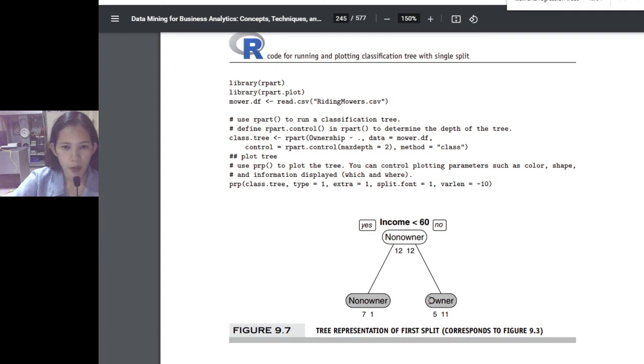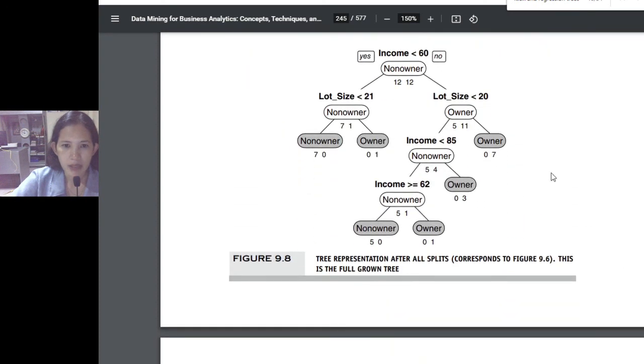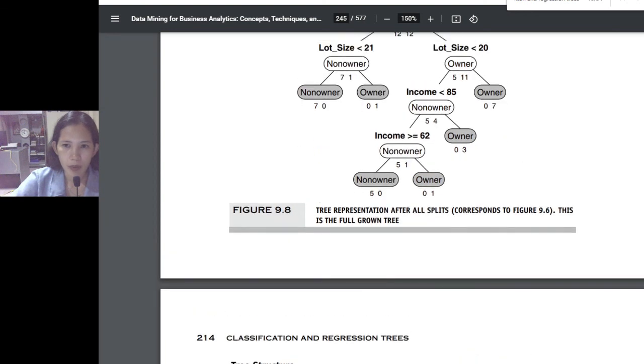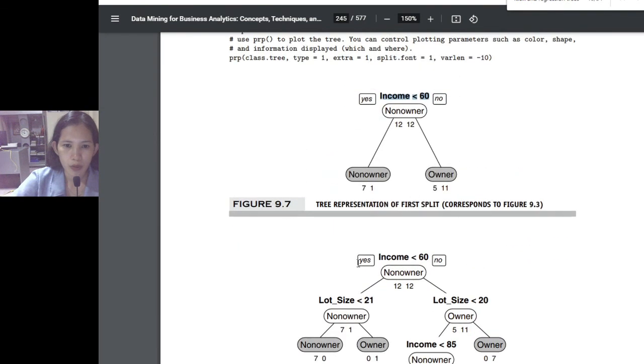This is to show only one node, the first split, which is income is less than 60. And this will be the final split or the final tree representation after all splits. So you just have to add in your code to show the full tree.